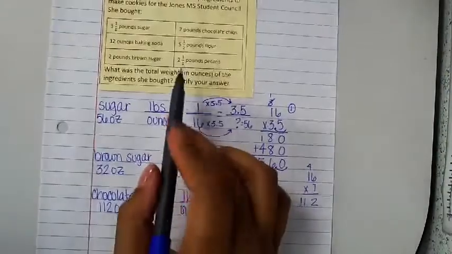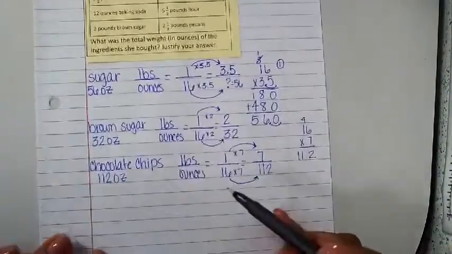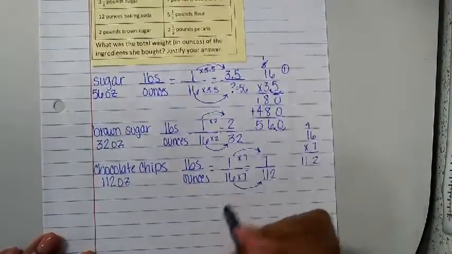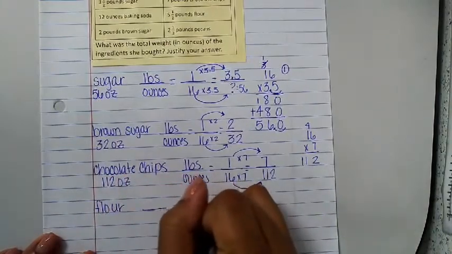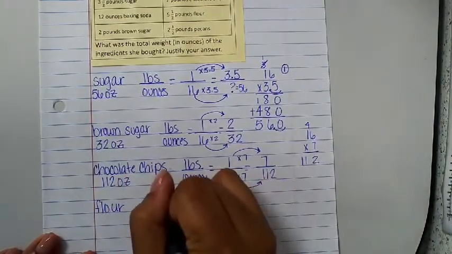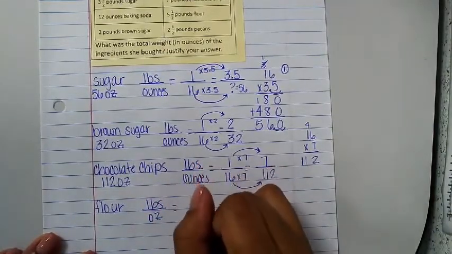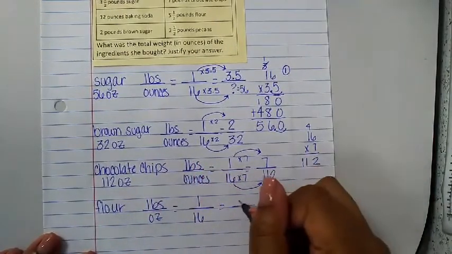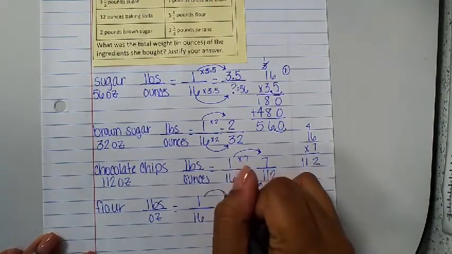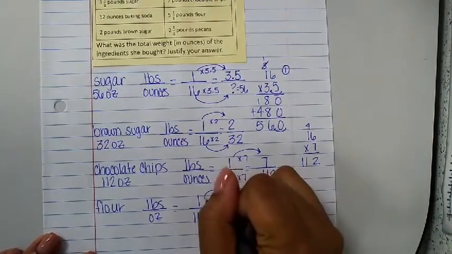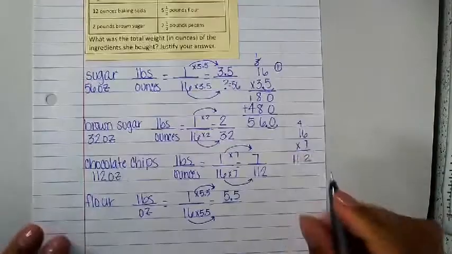Okay, the last two I have fractions again. I'm just going to do the same thing like I did in number 1. So flour, pounds to ounces. 1 pound is 16 ounces, and they give us 5 and a half. So I'm going this way, times 5 and a half.